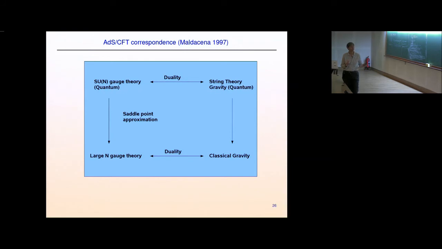Then if I have this duality at this level, I should also have the duality at this level, and here we can actually do calculations. This theory is a large N theory and it's strongly coupled, so it is something we would like to study, but normally it's very hard. Now we can use this duality to map it to something which is just classical gravity. So calculations are simple because I just have to write my action, derive the Lagrange equations and solve them, the standard things you do in a classical field theory.